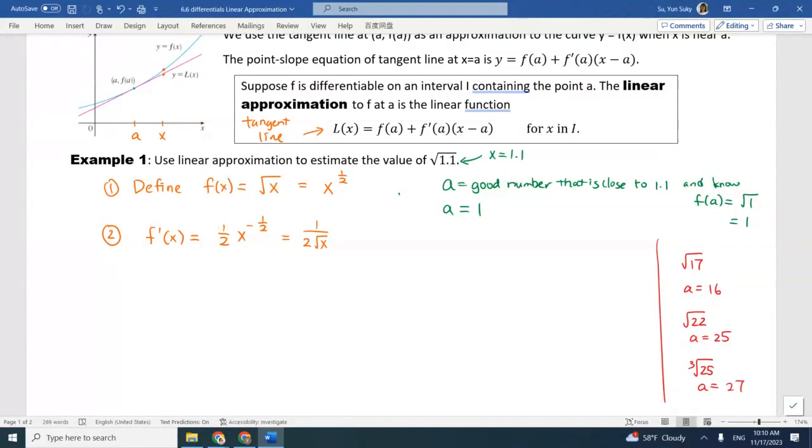Now, we want to plug in to find f prime of a. So a is 1. If we plug in 1 for x, what do we get?